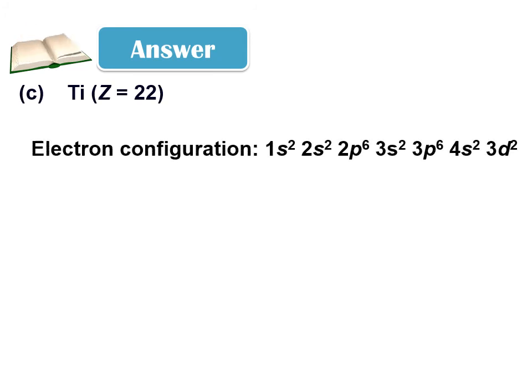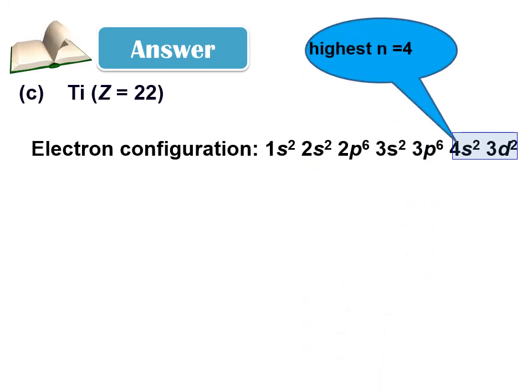And last one, titanium. We write down the electronic configuration for titanium. We are going to determine the period. What is the highest principal quantum number? It is equal to 4.